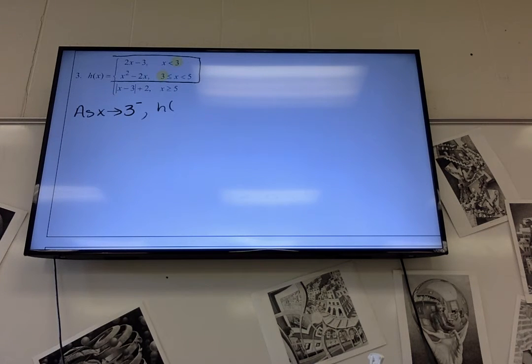Then h of x approaches 2 times 3 minus 3. So that's equal to 3.